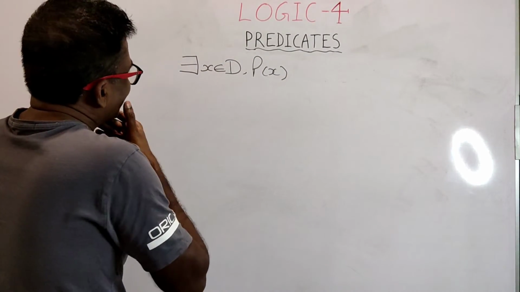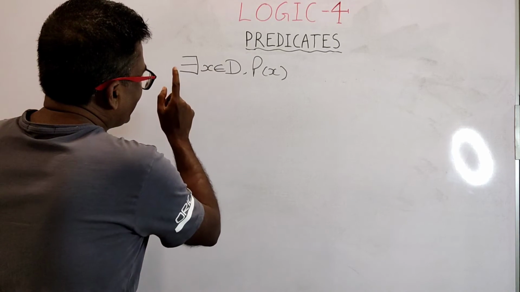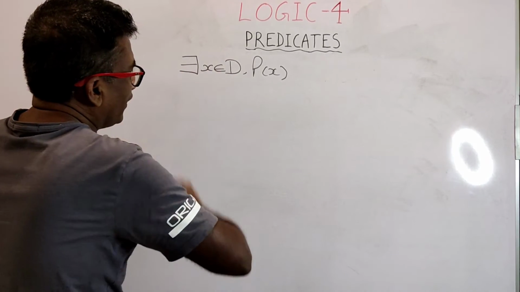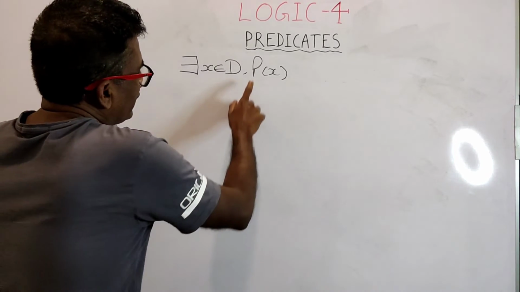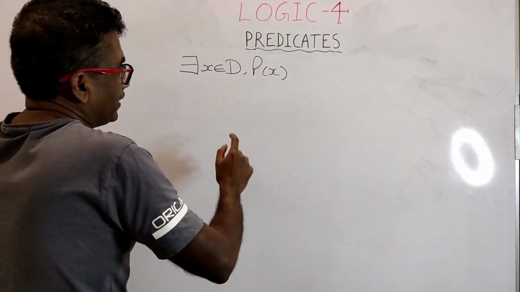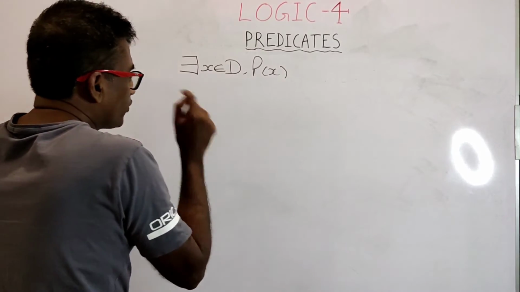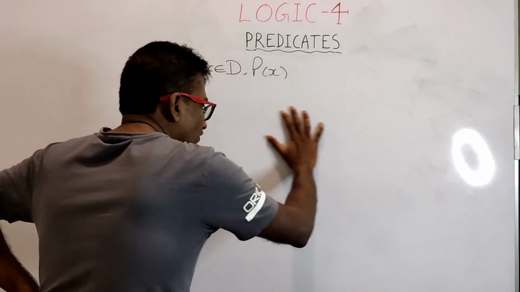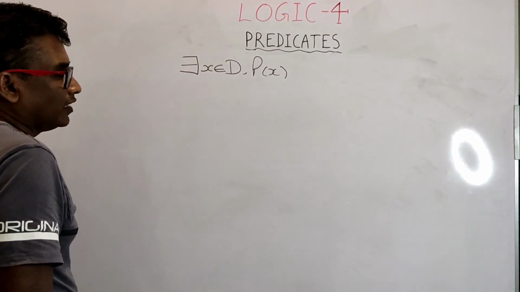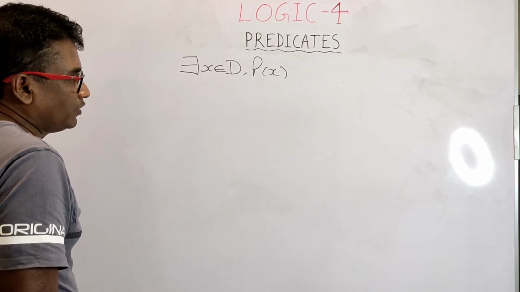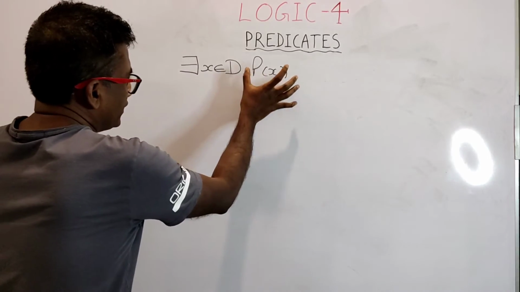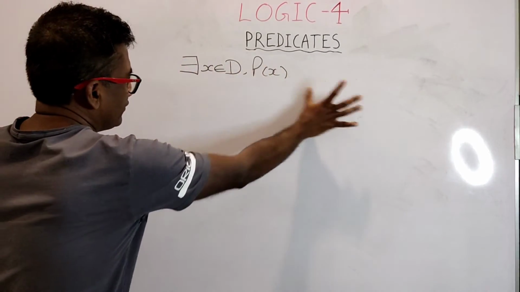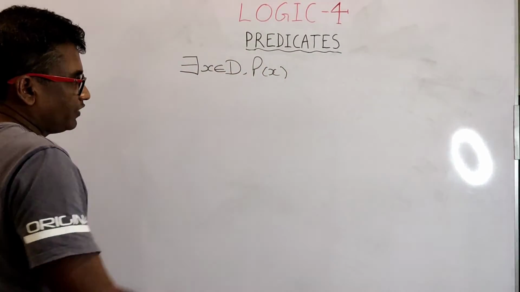If someone says that there is an x in D which agrees with this proposition, then if we can prove that all the elements in the universe of discourse do not agree with this proposition, then we can safely say that this is false. So we are going to prove that.